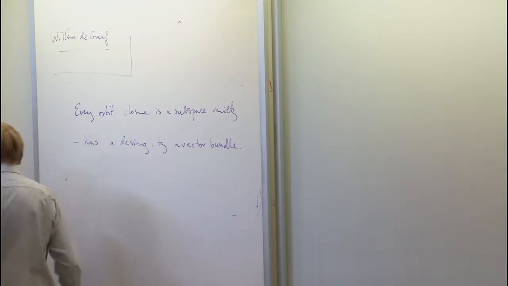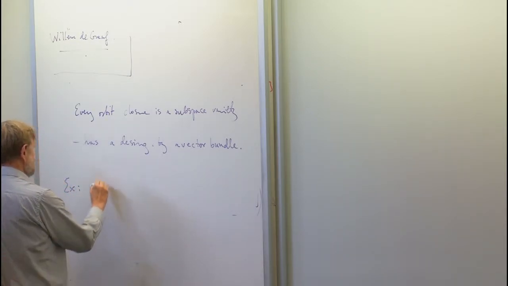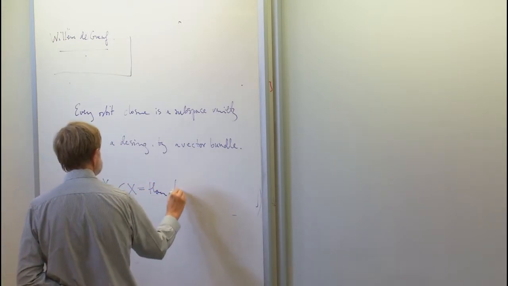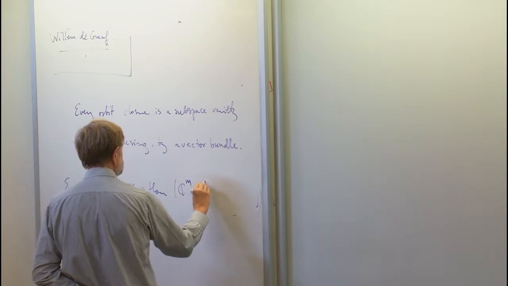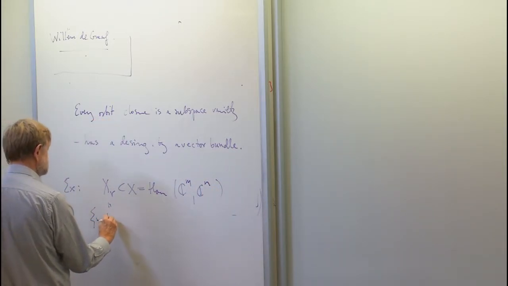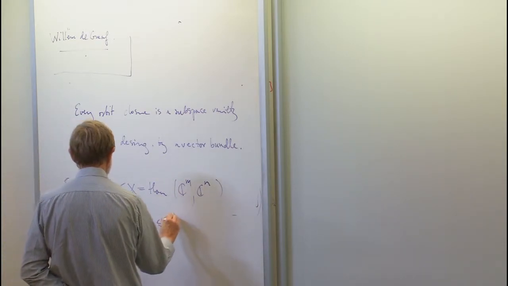I have probably 15 minutes, so maybe I will just give you one example. Let's take X_r inside of X, which is Hom(C^m, C^n), just the example of determinantal varieties: matrices of rank smaller or equal to r.